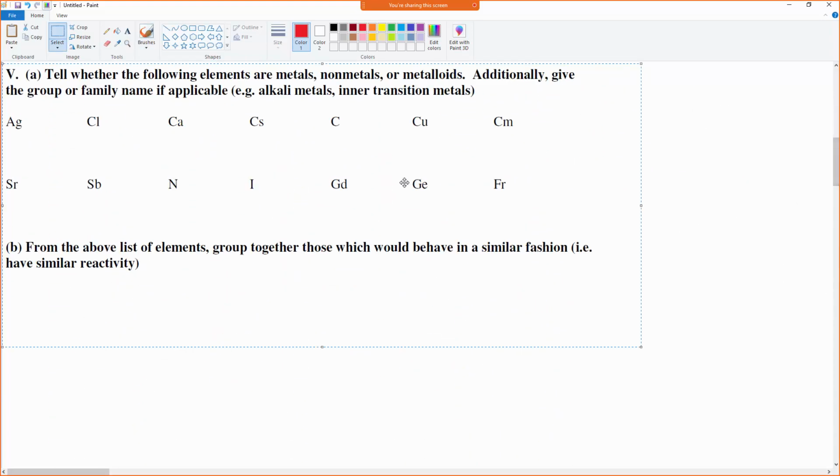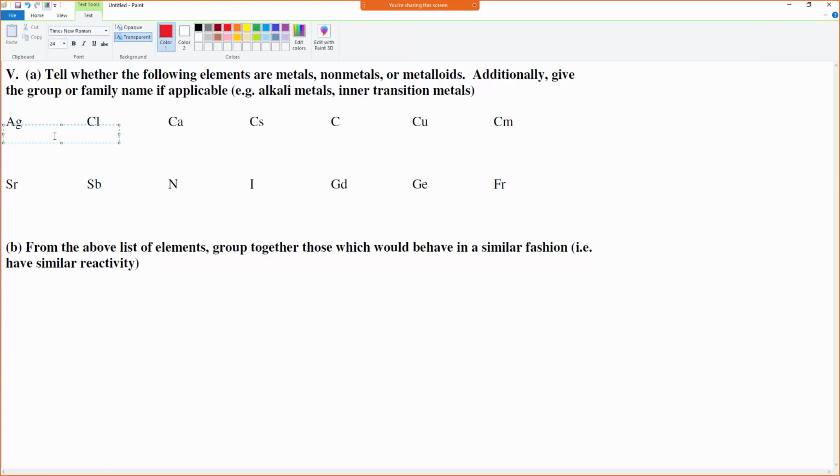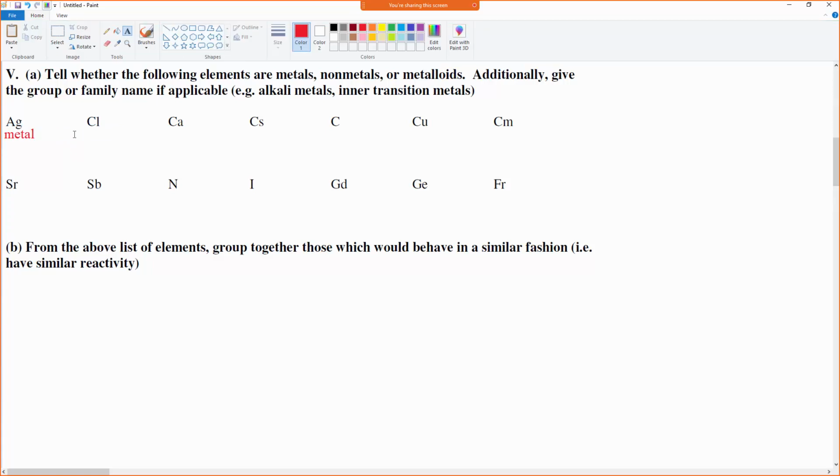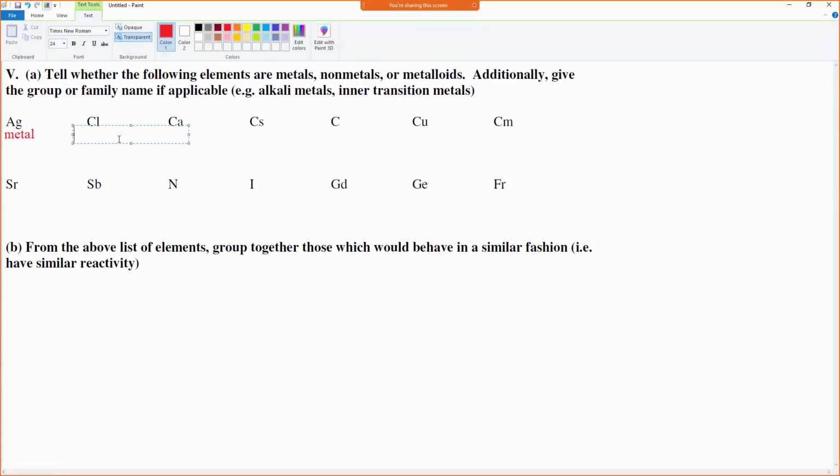All right, so hope you have your periodic tables handy. And you guys can help me. Tell me whether silver, for instance, is a metal, a nonmetal, or a metalloid. Metal. Perfect. What about chlorine? Nonmetal.